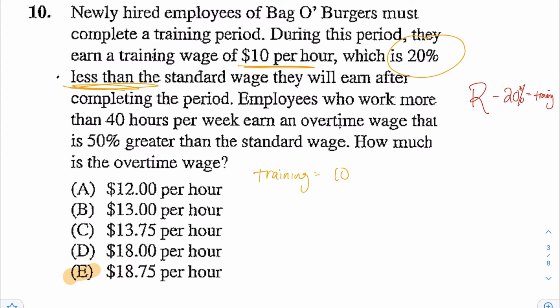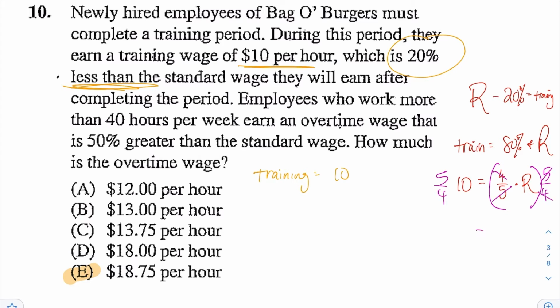So if you take 20% away from R, that means that the training rate is 80% of the standard rate R. So the training rate is 10, and that's going to be 80% or 4/5 times R. Remember, 100% minus 20% means 80% left. So that's 4/5. And now to get R by itself, you multiply both sides by the reciprocal, which is 5/4.